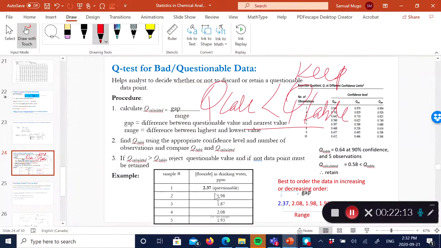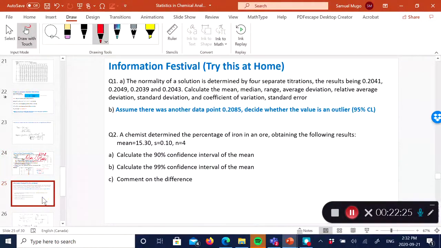And so we should actually keep the data. The data is not bad. We should actually keep the data. So I'd like you at home to try these 2 sets of problems that are very similar to what we just covered.